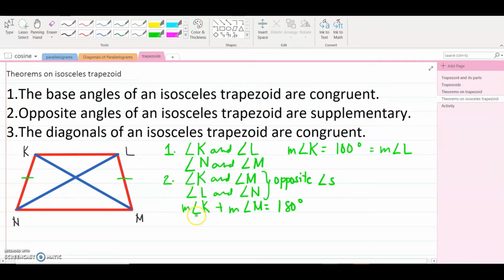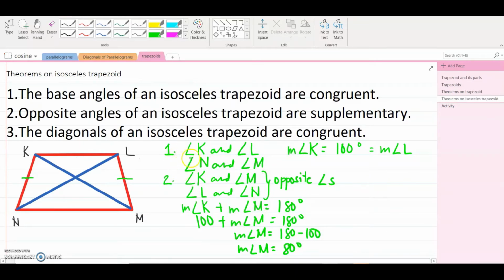The measure of angle M is equal to 180 minus 100. So the measure of angle M is 80 degrees. So therefore, they are supplementary.